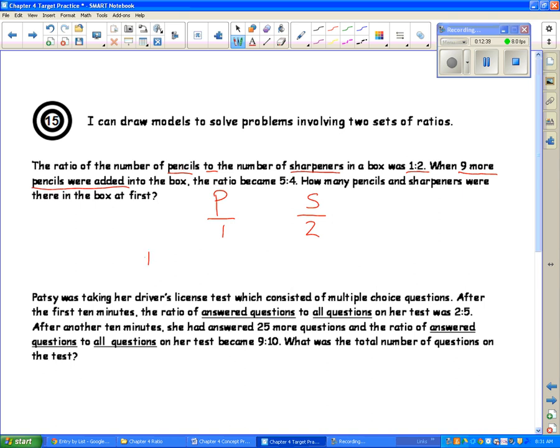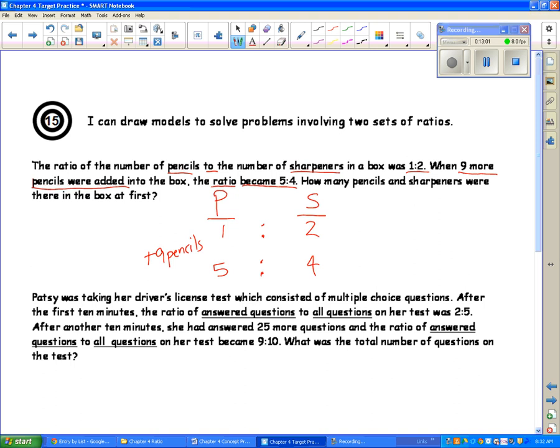So when I add 9 pencils, the ratio becomes 5 to 4. And the question is, how many pencils and how many sharpeners were there in the box at first?